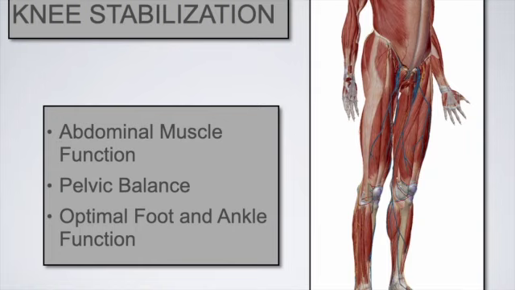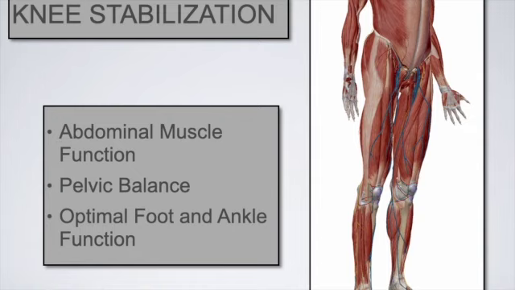Stepping back, the big picture is the knee is part of a kinetic chain involving the foot, the knee, the hip, the spine, the pelvis, and in some cases the opposite shoulder.